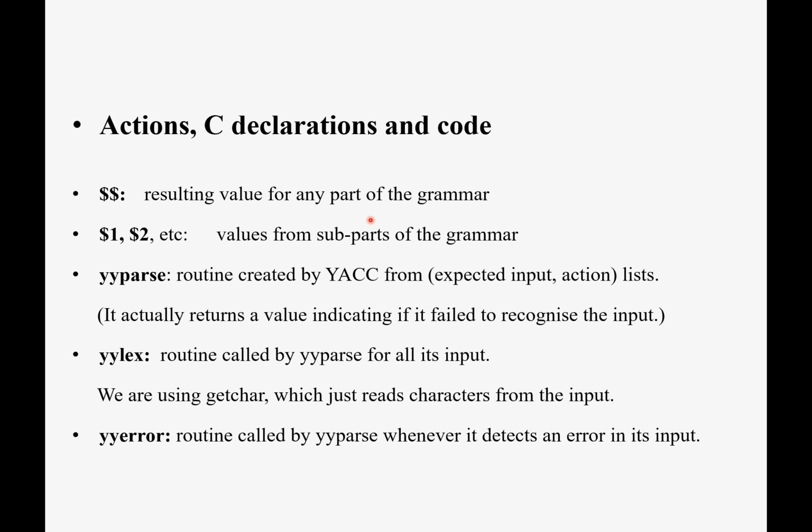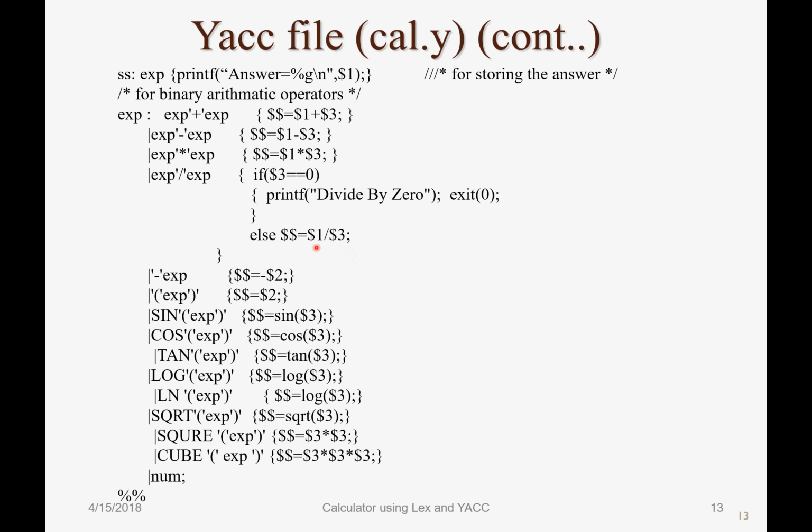Means exp is equal to exp into exp, the exp before is the resulting value, and these $1, $2, $3 are values from the sub parts of the grammar. So that thing we have done here.